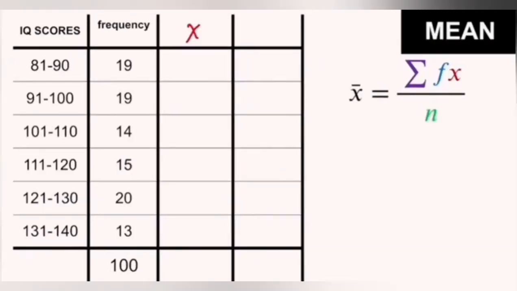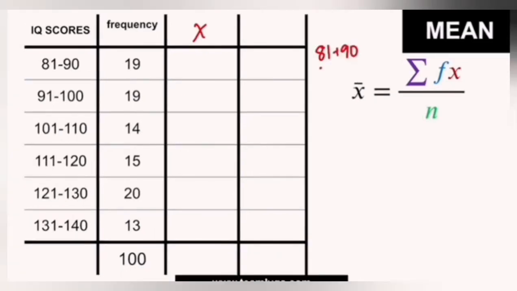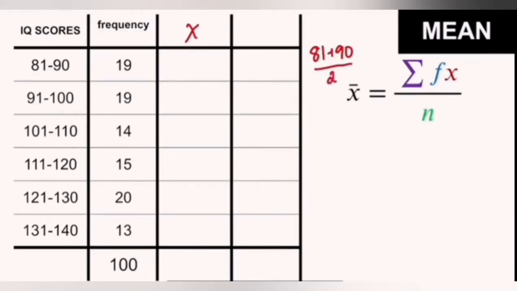The first step is to find the midpoint of the IQ scores to find out the mean. To find the midpoints, you must first add the bottommost number and the topmost number together. Then, you divide them by 2.